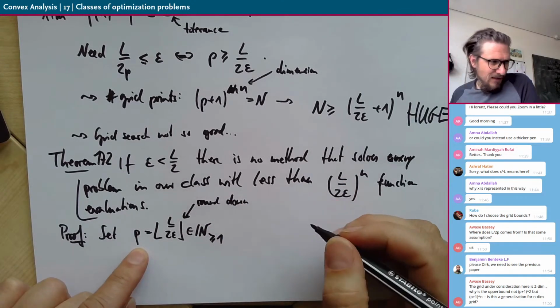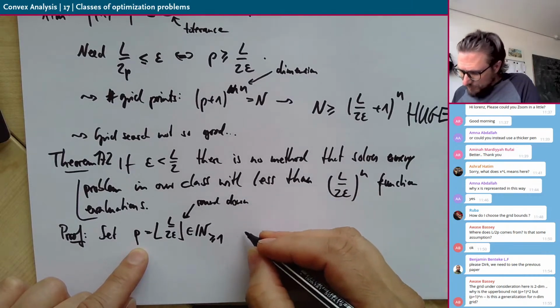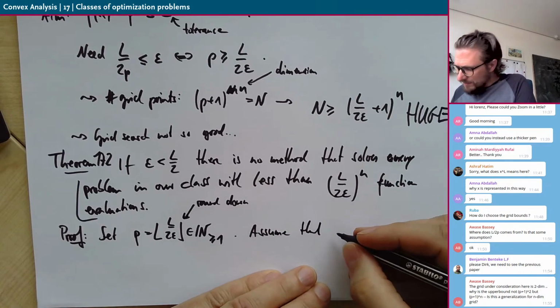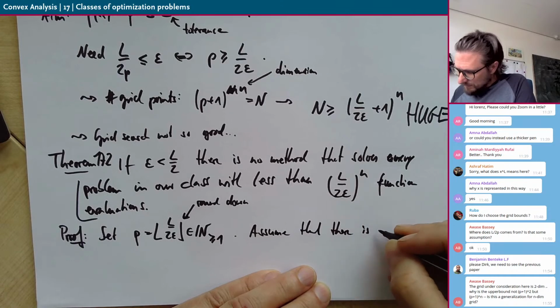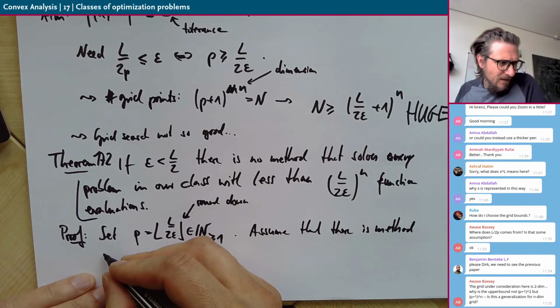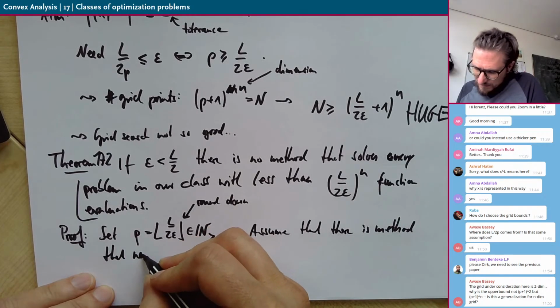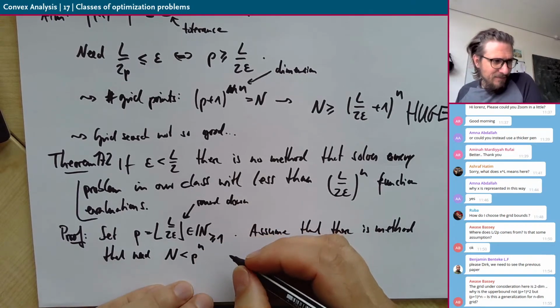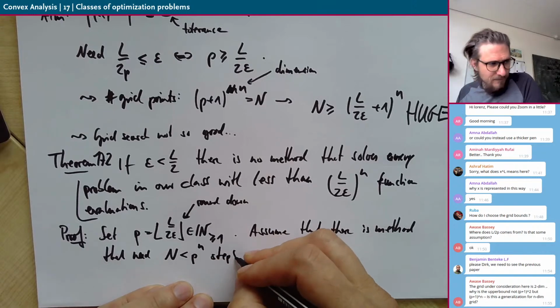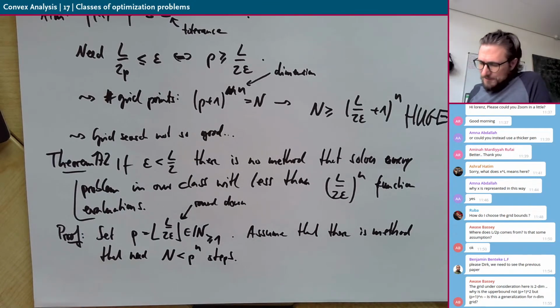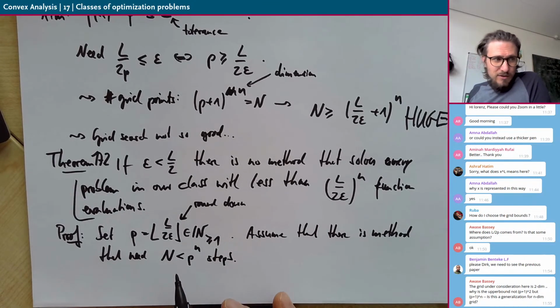So we set this to our P and assume that there is a method that needs capital N less than p to the n steps. Okay, we assume that there is such a method, and now we construct a function which annoys this particular method.